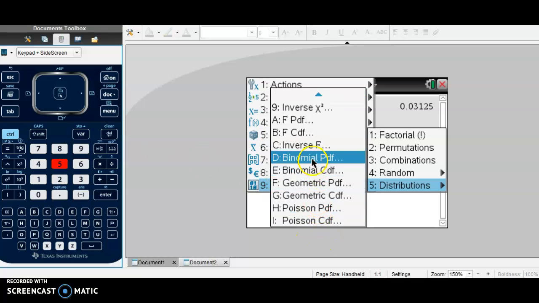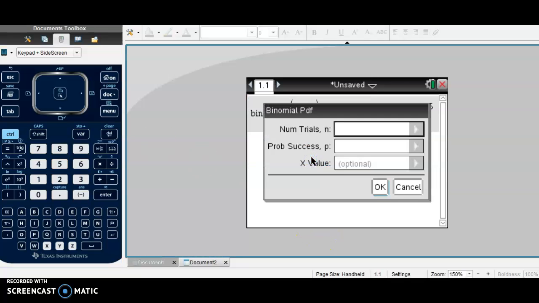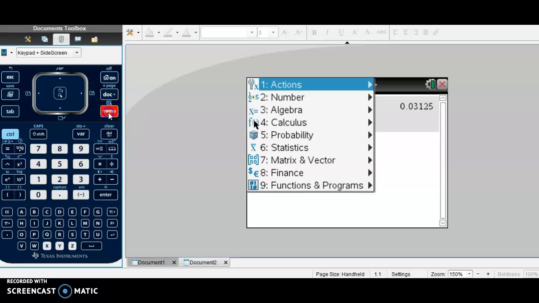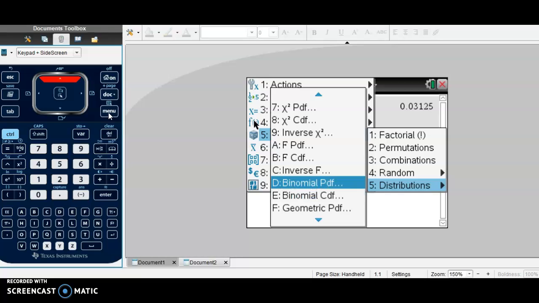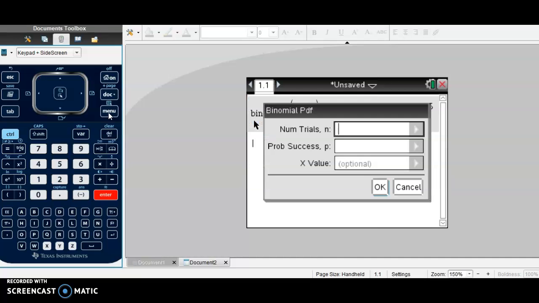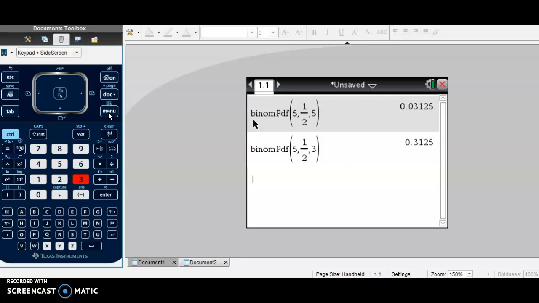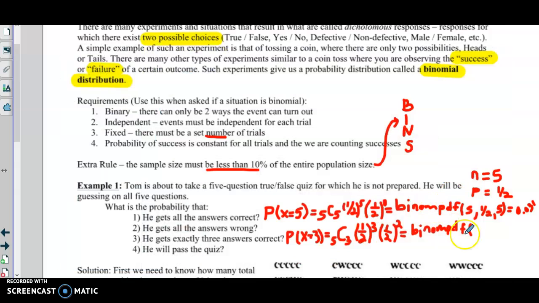I want to go down to Binomial PDF. 5 trials, probability of success is 1/2. I want exactly 3. Hold on. 5, 1/2, 3. Exactly 3. And I get 0.3125.